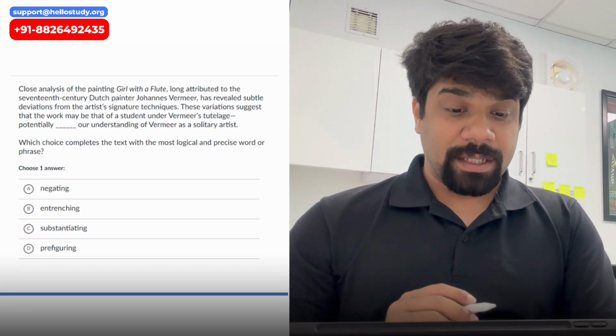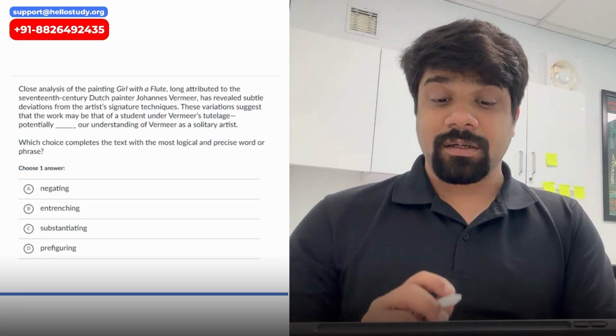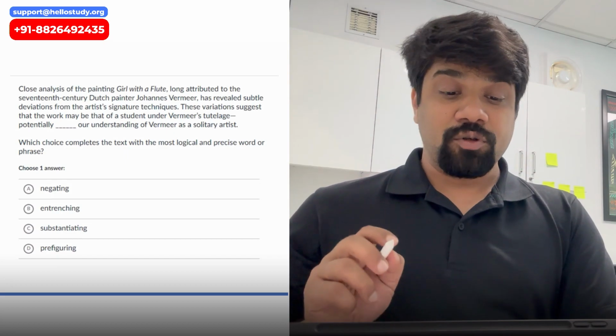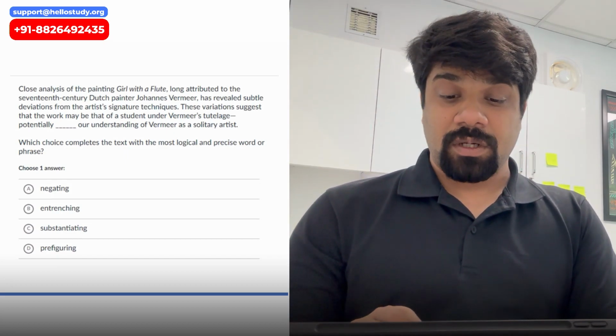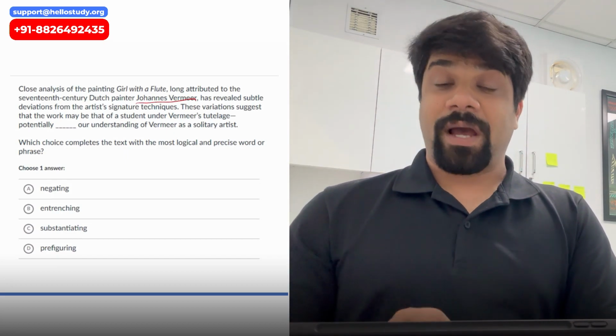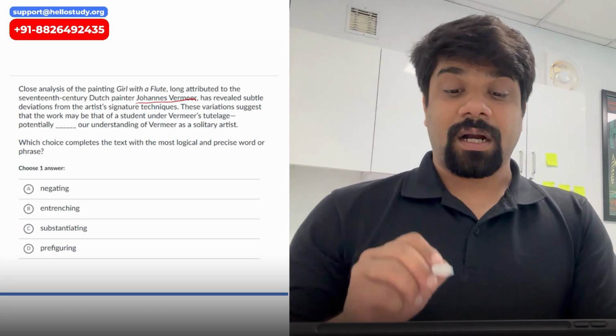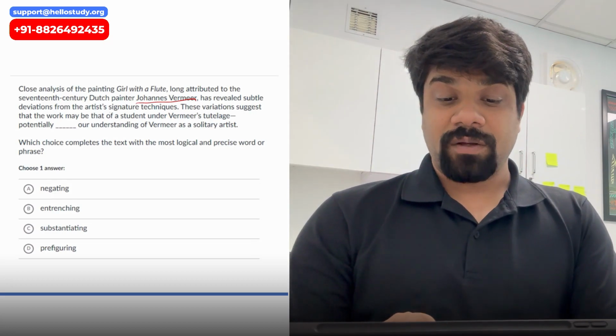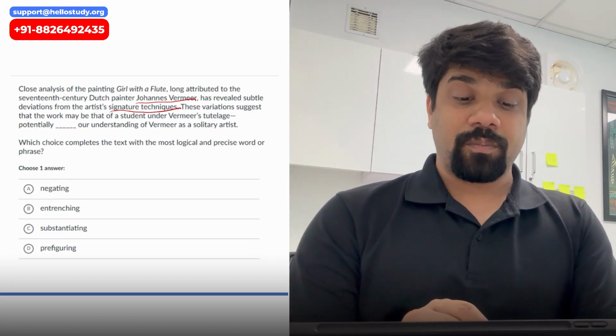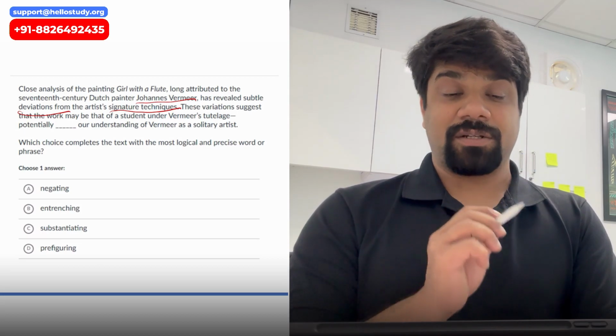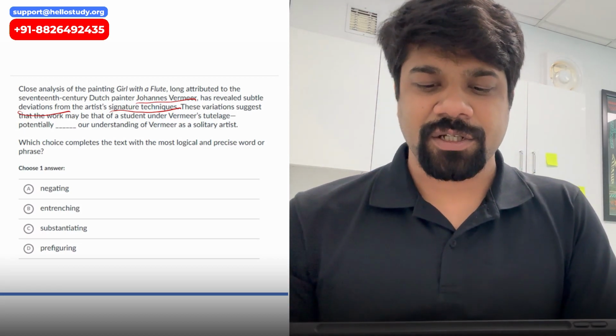Okay, so let's look at this question. Close analysis of the painting Girl with a Flute, long attributed to the 17th century Dutch painter Johannes Vermeer, has revealed subtle deviations from the artist's signature techniques. So whatever the signature technique is, the painting has deviated from it.